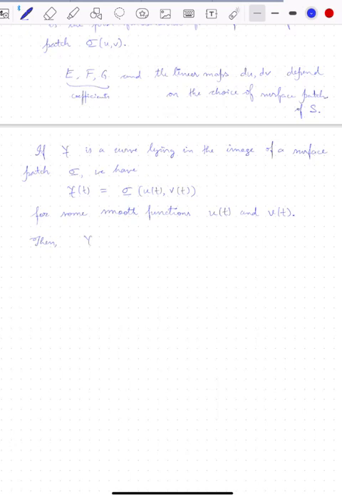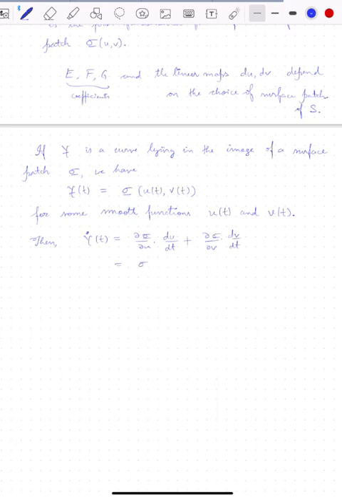Now then, we can have gamma dot of t, which is differentiating gamma with respect to t. First we'll use the chain rule. So we'll have partial sigma vector by u into du by dt plus partial sigma by v into dv by dt.